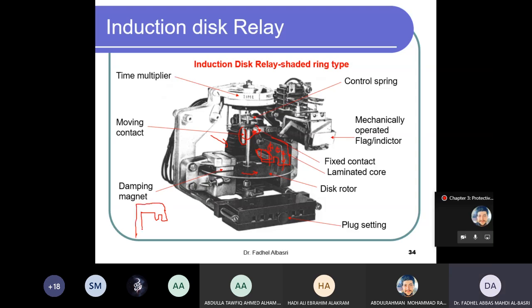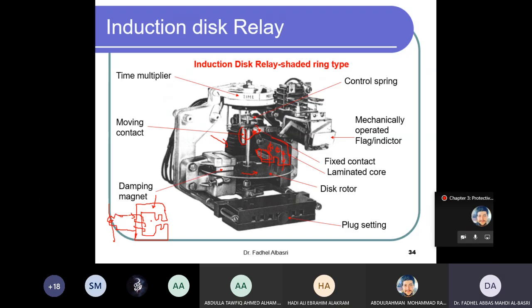This is the cross-sectional area. And here is the coil, on the iron core, which is this part. And the coil comes from the CTs. So we have a CT here, connected to this.